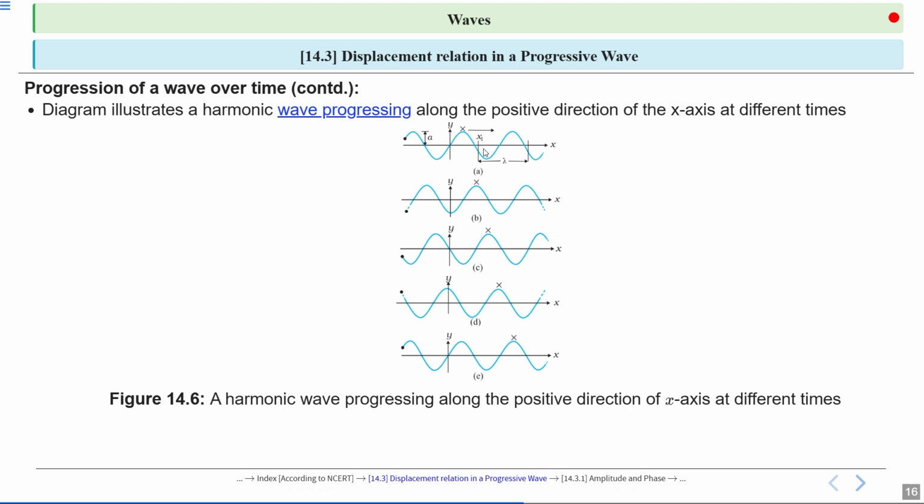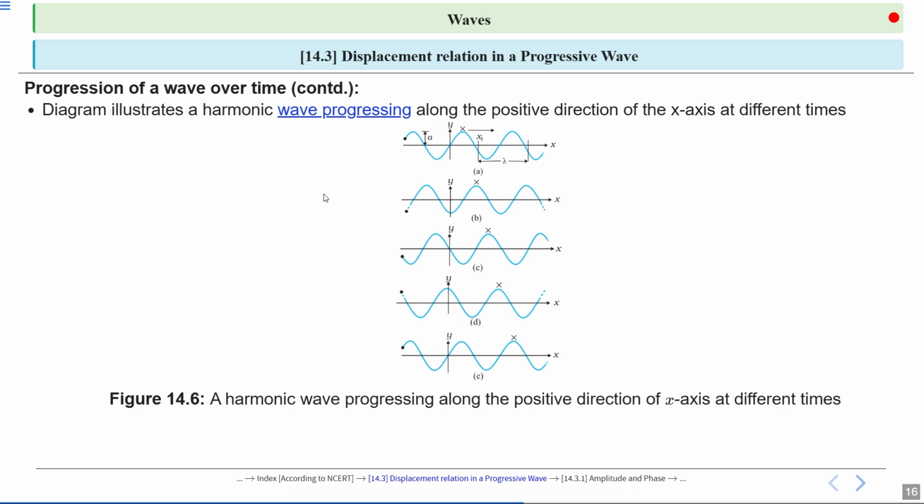The shape of the wave stays the same, but its position shifts to the right as time goes. Look here. Position shifts towards the right. This is a classic example of wave progression, where the disturbance travels through the medium, carrying energy forward.